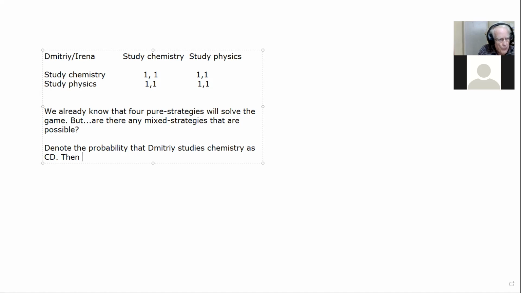But the only other possibility is that Dimitri could study physics instead, with a probability of 1 minus CD. Denote the probability that Urbana studies chemistry as CU.